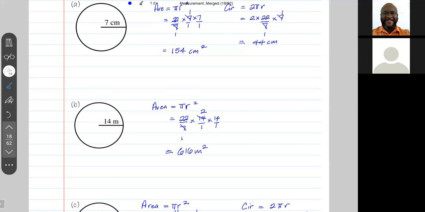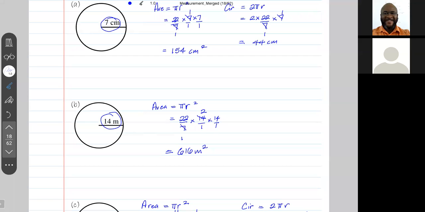All right, here's something that I could point out to you. We doubled the radius. It was 7, now we've moved it to 14. We doubled the radius, but the area is actually multiplied by 4.